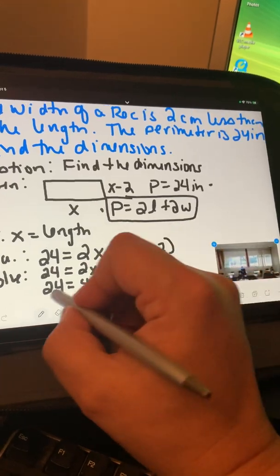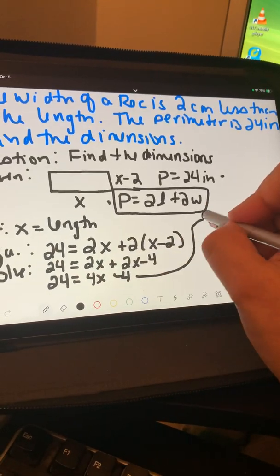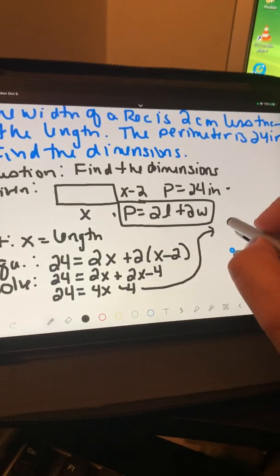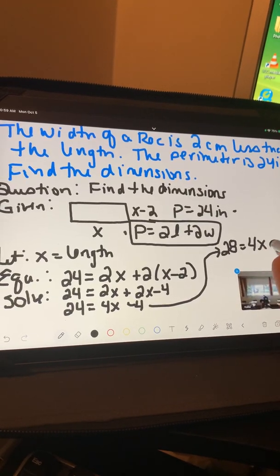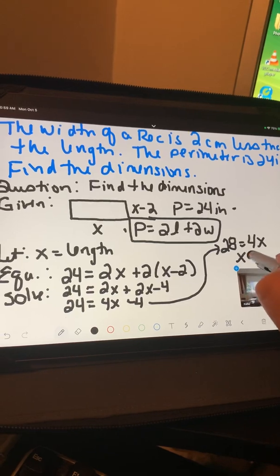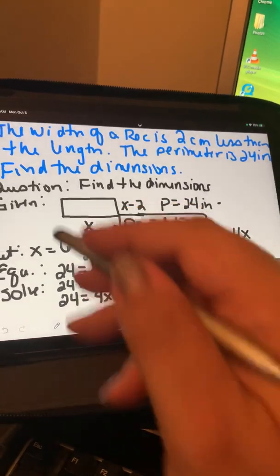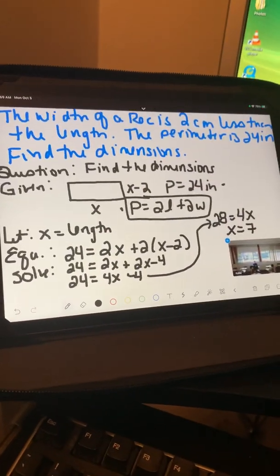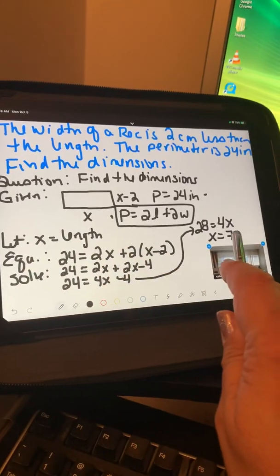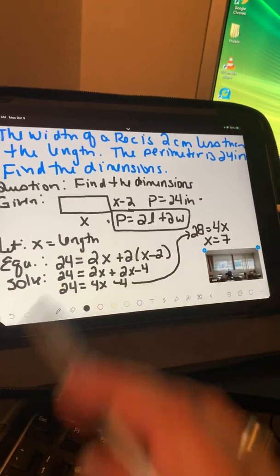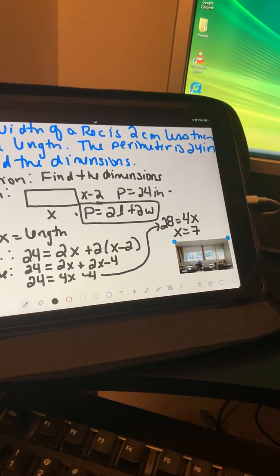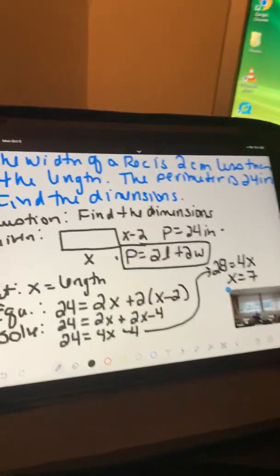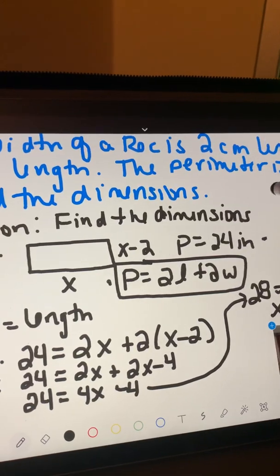I'm going to add 4 over, so I've got 28 equals 4x, divide by 4, x equals 7. So now I know what the length is, because that's what we said x was. x is 7, the length is 7. What's the width then? What's 7 minus 2? 5.